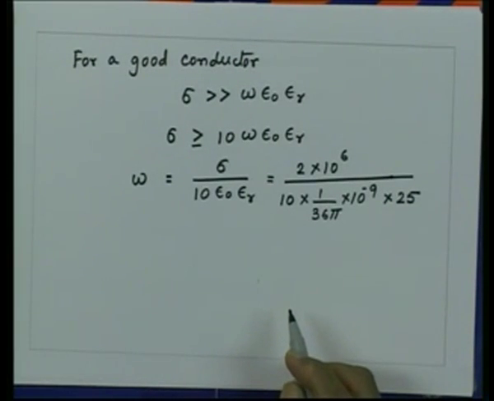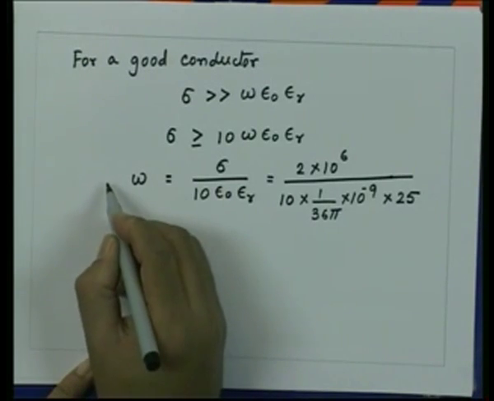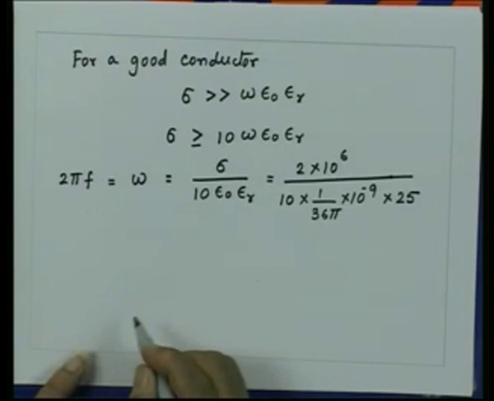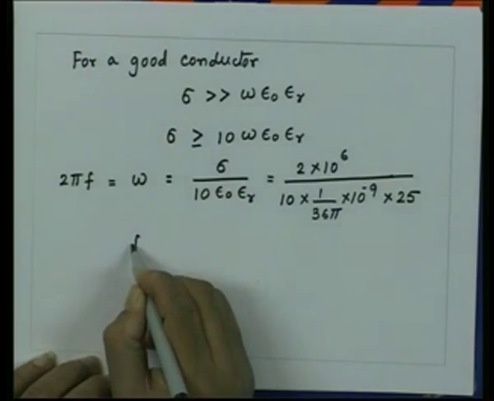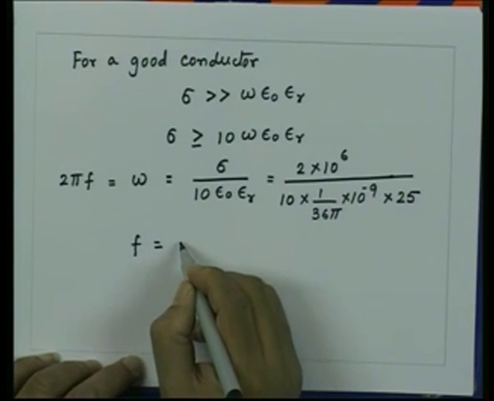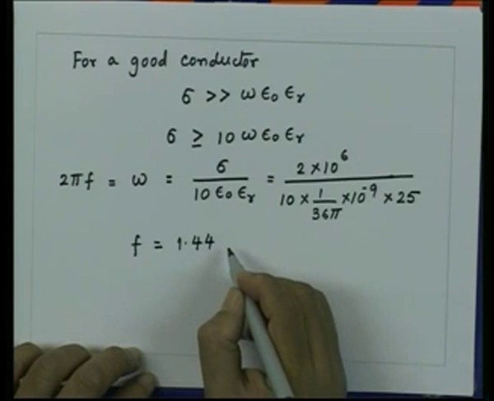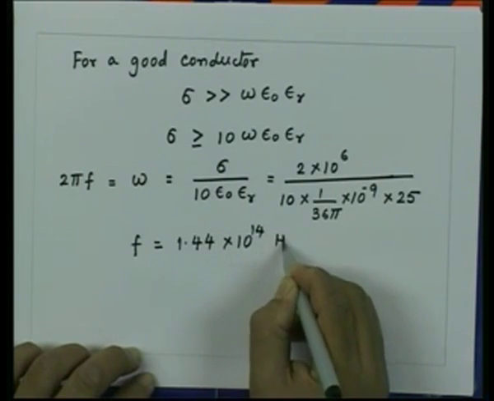Solving this, essentially we get a frequency, so omega is equal to 2 pi into f. We get a frequency f which is 1.44 into 10 to the power 14 hertz.